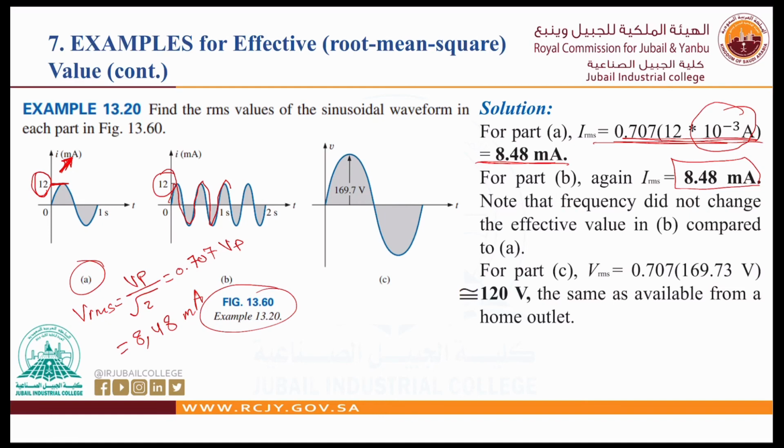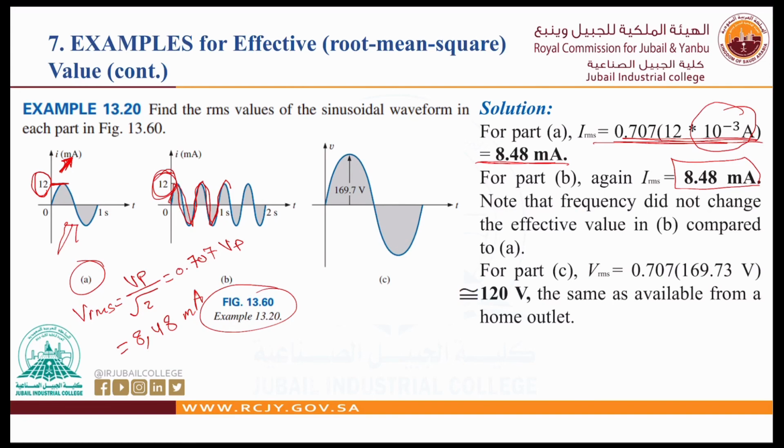This is one cycle, this is the second cycle, so I have two cycles here, but they are also the same because they have the V peak equal to 12. So we are concentrating on the V peak value to find the VRMS, not the omega, not the frequency of the waveform, nothing.